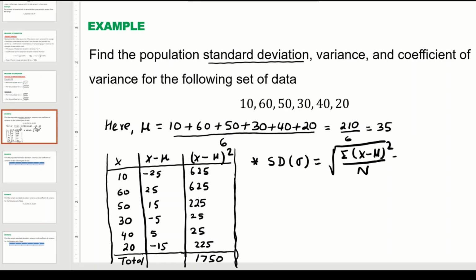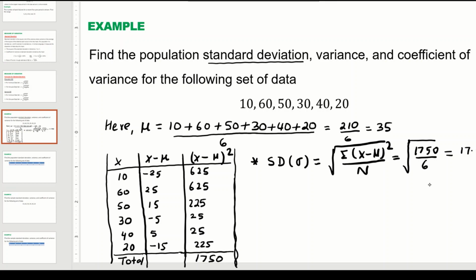So that is equal to the square root of the sum of all these values, which is 1750, divided by n. The population size is 6. Now when you divide this 1750 by 6 and take the square root, it is 17.0783. That is the standard deviation.